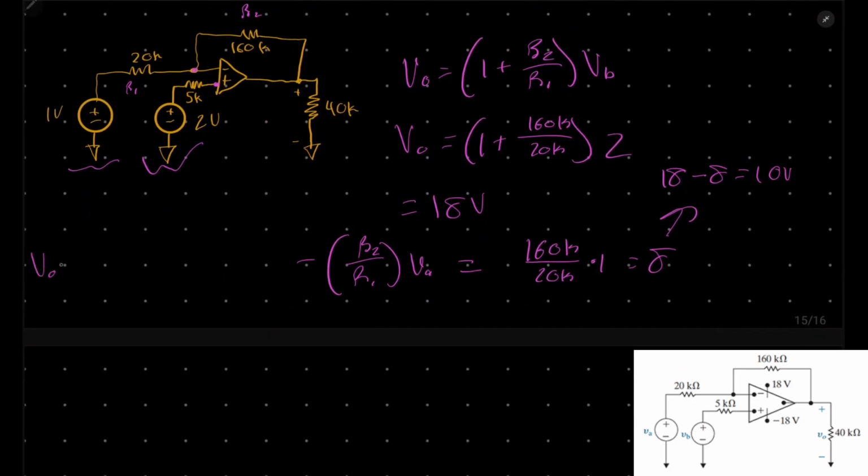V out is going to equal 1 plus R2 over R1 times VB minus R2 over R1 VA.